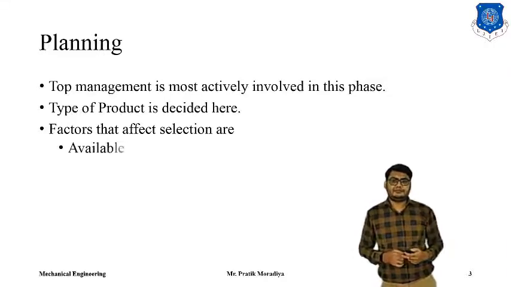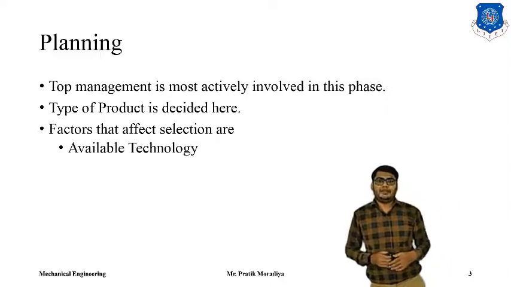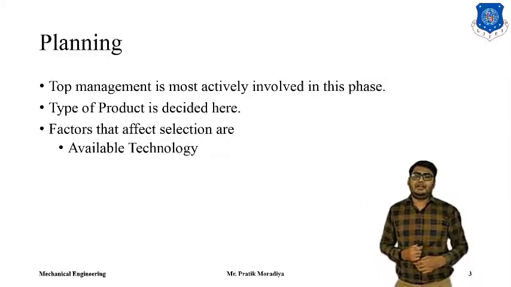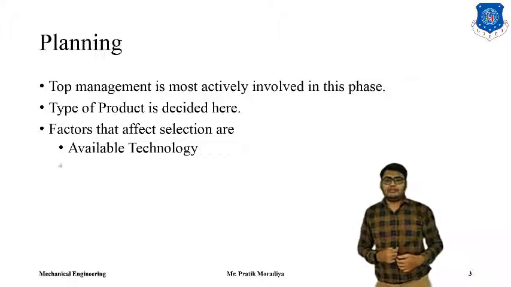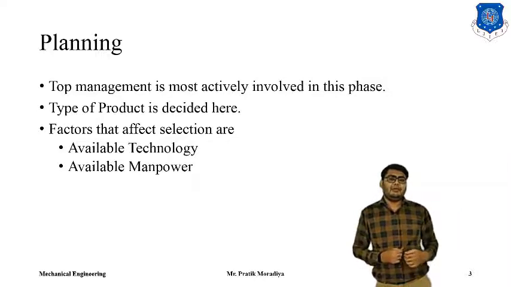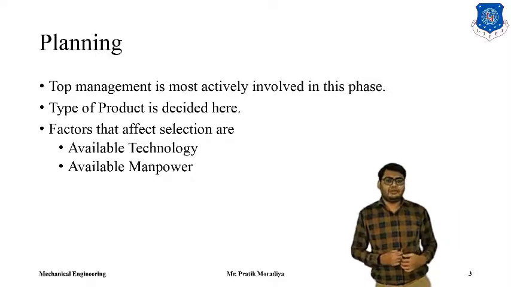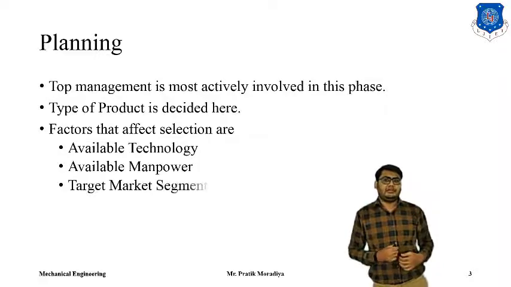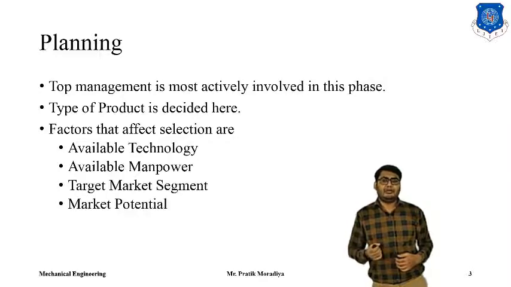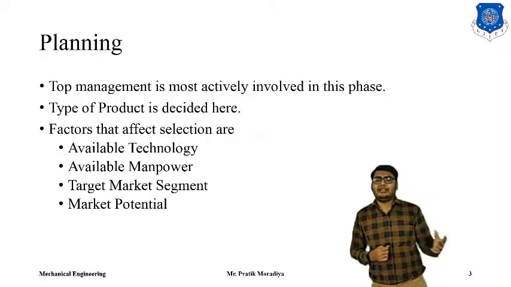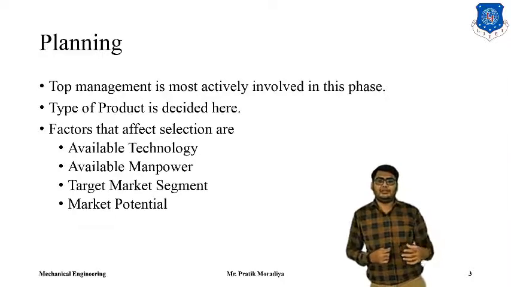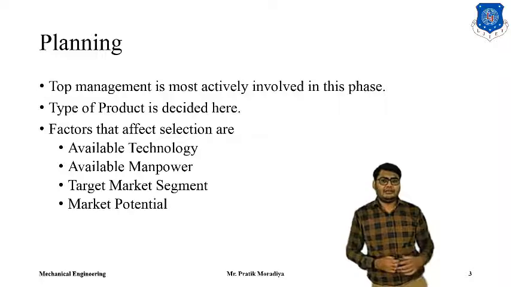The factors that affect the selection are available technology, which technology you have available, how much manpower you have available, the market segment that you are targeting, and market potential. Is your market a group of 10,000 people, or is your market a group of 10 lakh people?